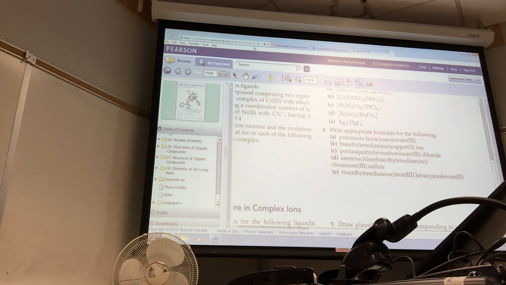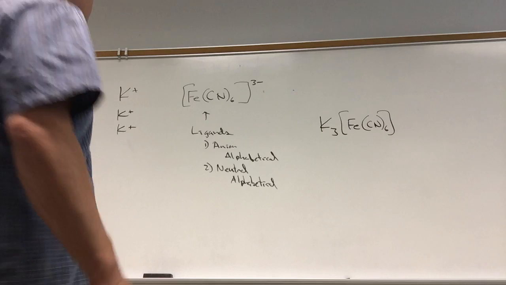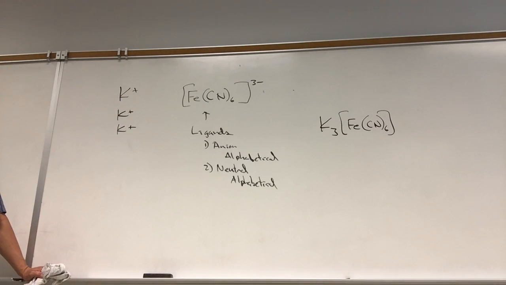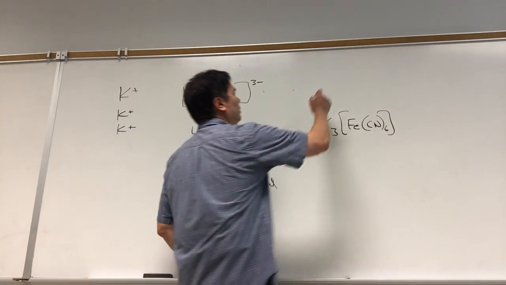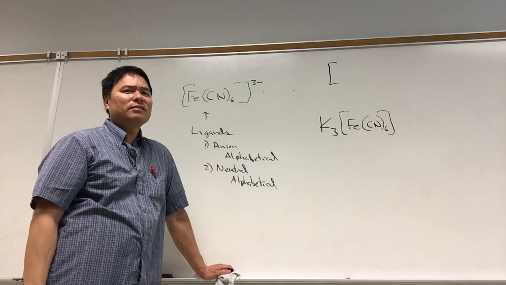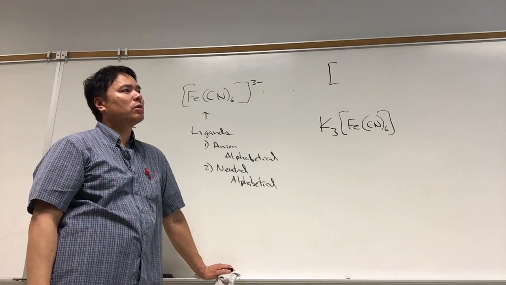All right, let's do the next one. 4B would be bis-ethylene diamine copper 2 ion. So it's a complex ion, square bracket.